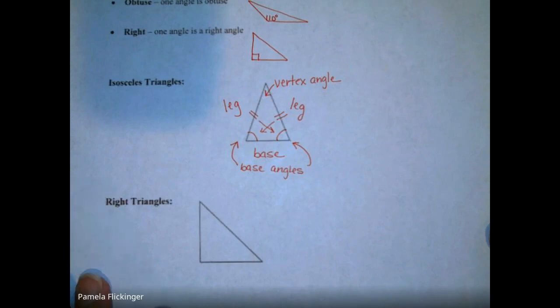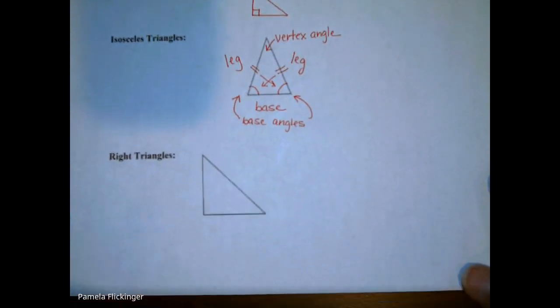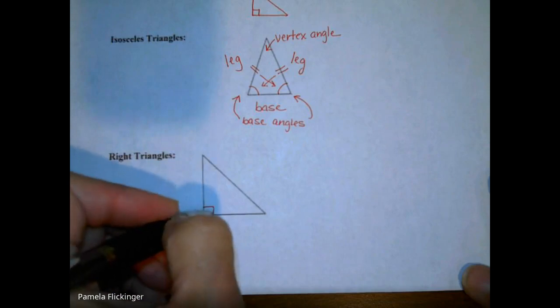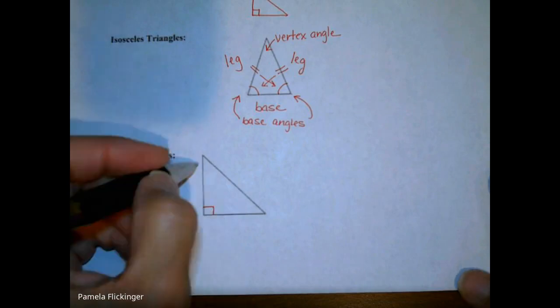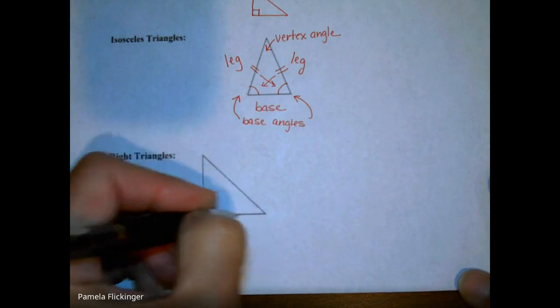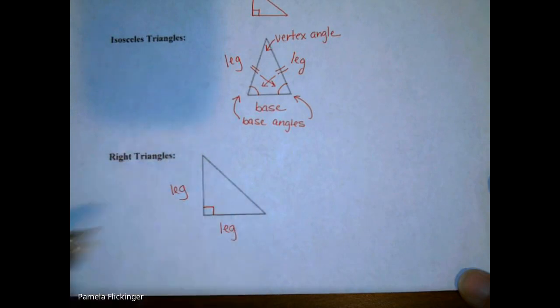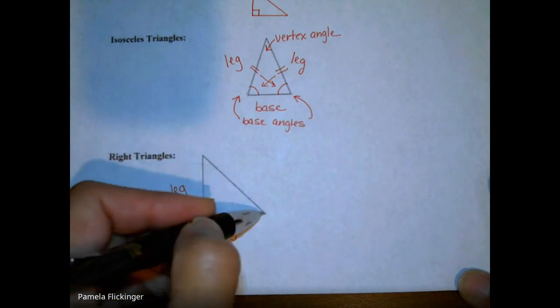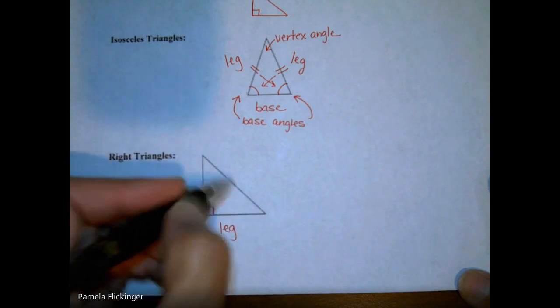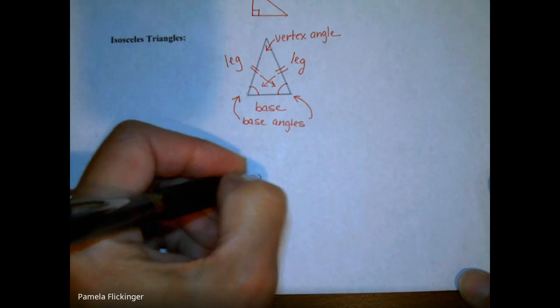Right triangles also have special names. All right, we're definitely going to have the box to show the right angle. The two sides that make the right angle are also called legs, just like in an isosceles triangle. But the third side that's across from the right angle is called the hypotenuse.